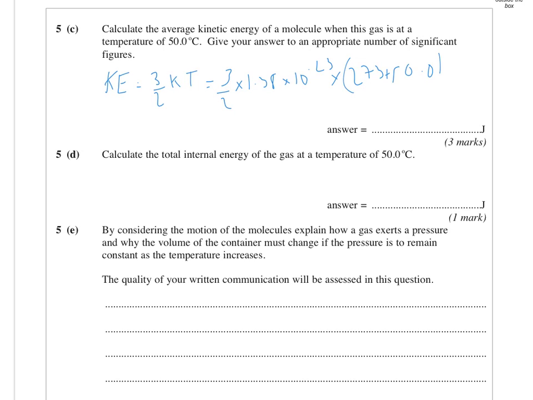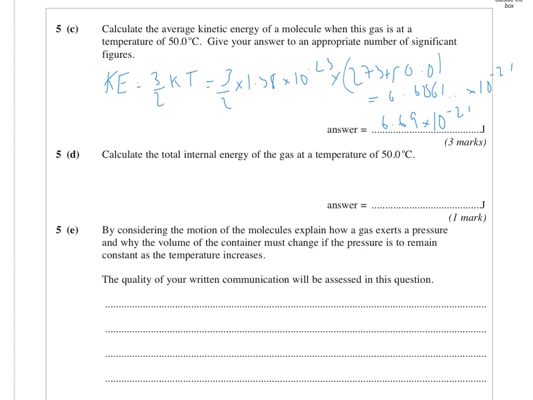So 273 plus 50 is 323, times 1.38 times 10 to the power minus 23, times 3 divided by 2, gives you 6.6861 times 10 to the minus 21. We need to give this to 3 significant figures because that's what all the data in the question is. So it's going to be 6.69 times 10 to the minus 21 joules.